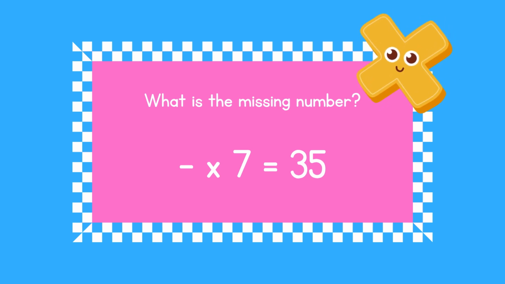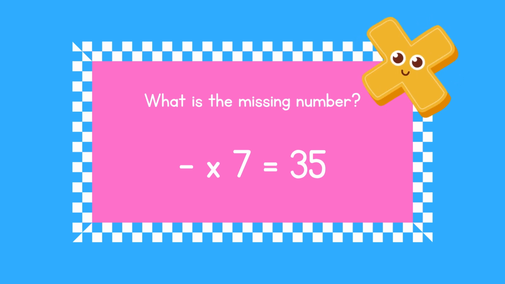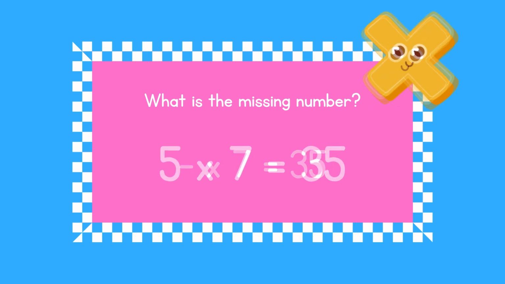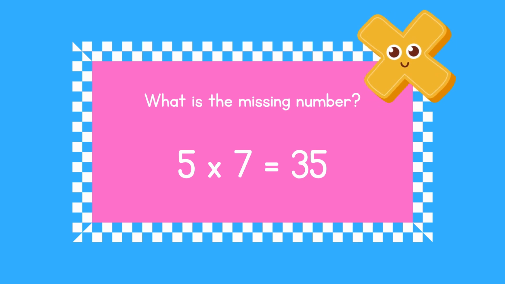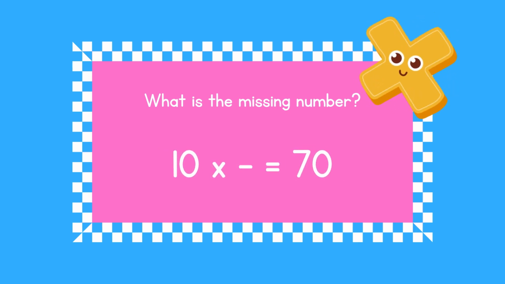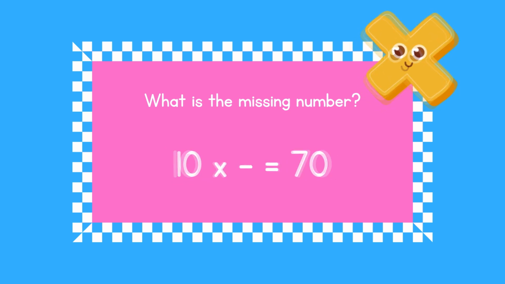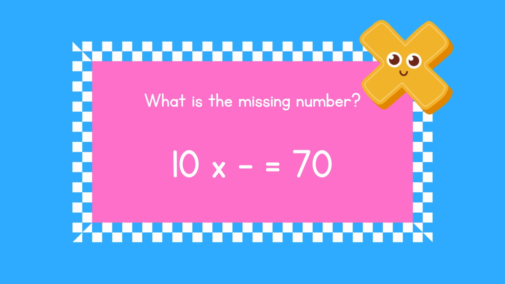Find the missing number. Five multiplied by 7 is 35. Find the missing number. Ten multiplied by 7 is 70.